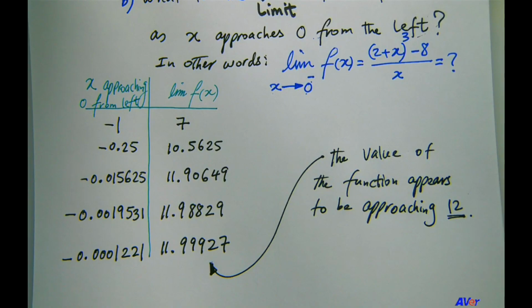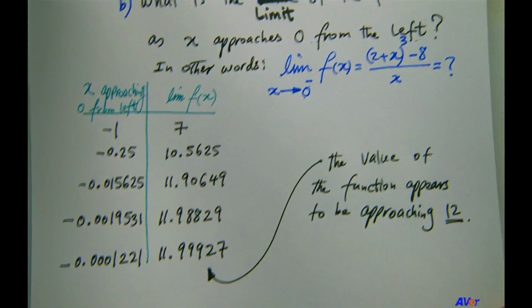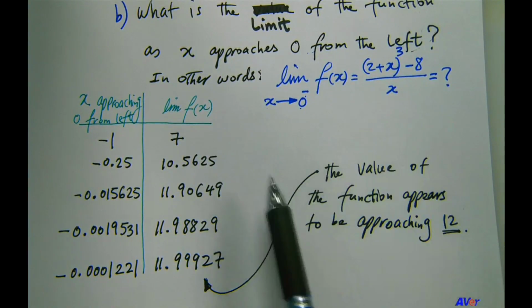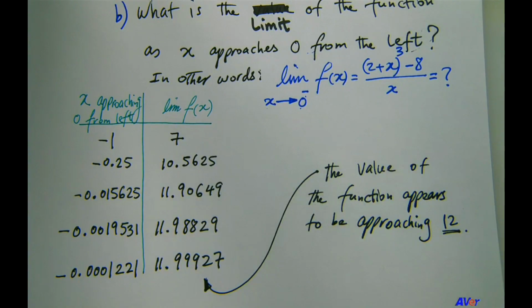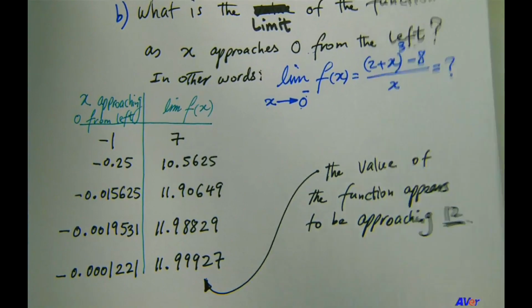Okay? So we know that the function at 0 does not exist. But lo and behold, when we looked at the value of the function as x approaches 0, not that it's equal to 0, approaching 0 from the left, the function does have a value. It's approaching 12.